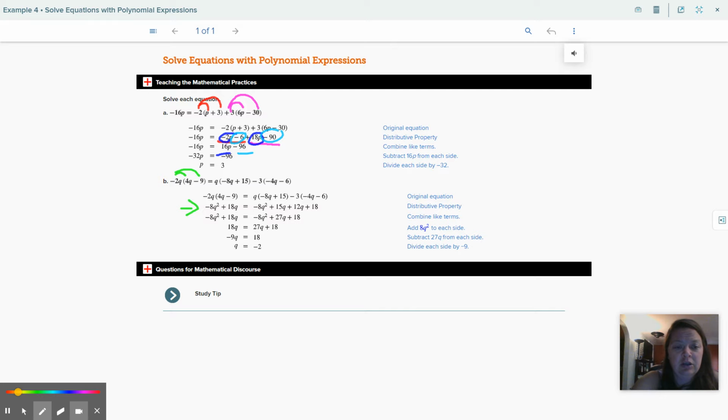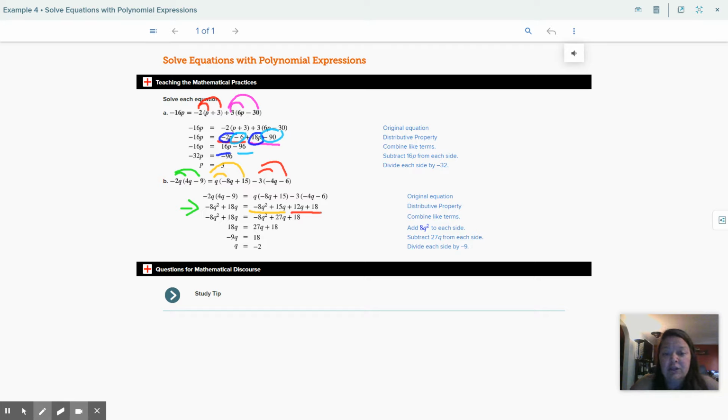We take q and distribute it with the negative 8q and the 15, which gives us negative 8q squared plus 15q. And finally, we'll do that with the negative 3, distributing it with the negative 4q and the negative 6, which gives us a positive 12q plus 18. Remember, a negative times a negative is a positive.